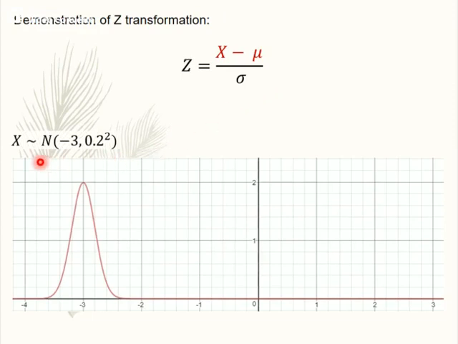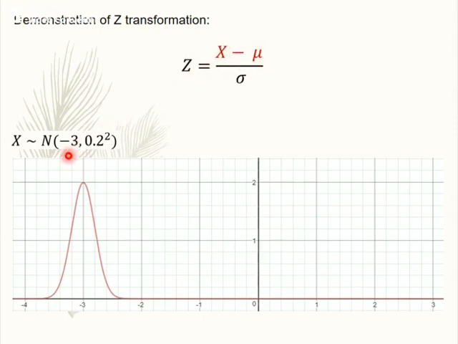Consider this example. X has a normal distribution with mean -3 and variance 0.2 squared. Now we know this is non-standard because the mean is not 0 and the variance is not 1. So remember I said if you have a non-standard normal, you can standardize it and convert it into a standard normal. So let's start off with the numerator where we subtract the mean.